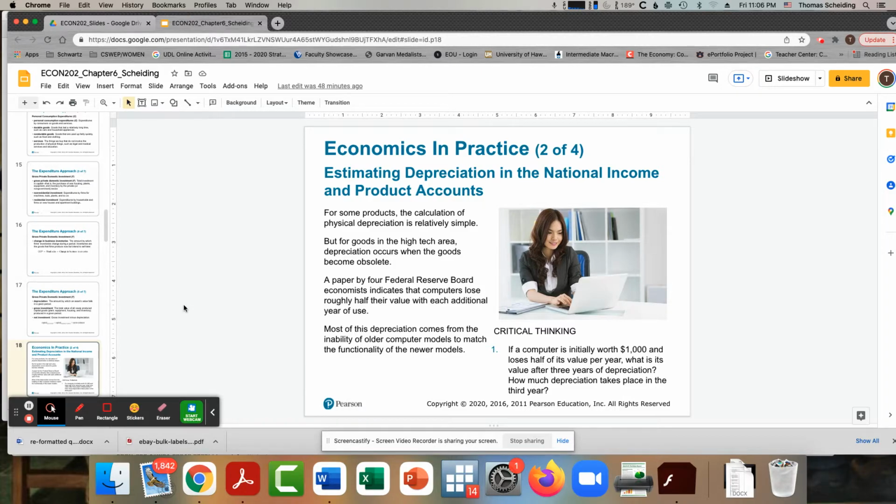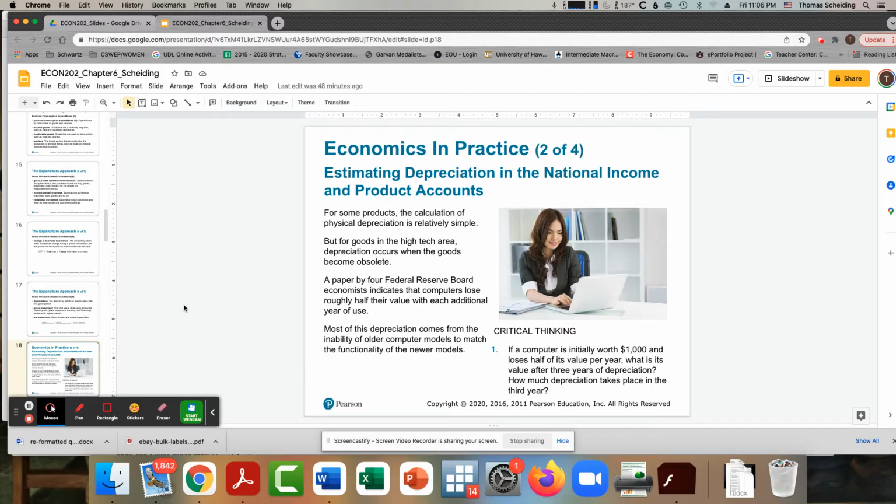This is kind of just an interesting discussion here, and if we were taking this class in person, we probably would talk about this a bit more in class. But what this basically indicates here is that depreciation is different for different kinds of goods. One example, we know cars obviously depreciate pretty quickly.